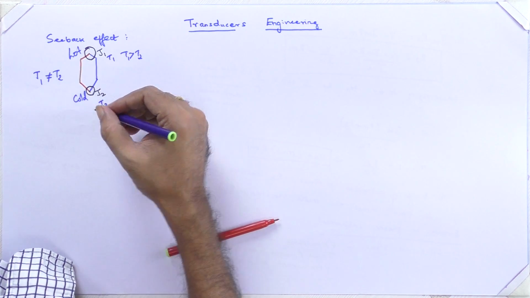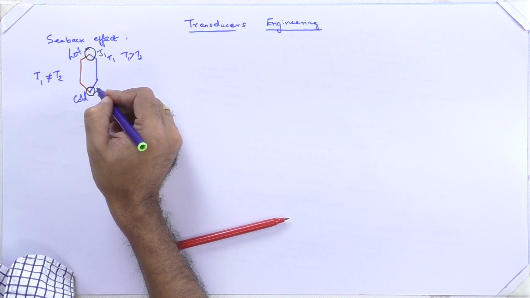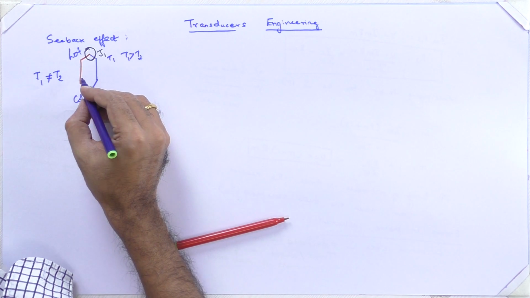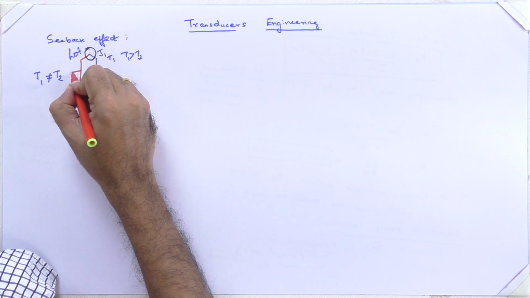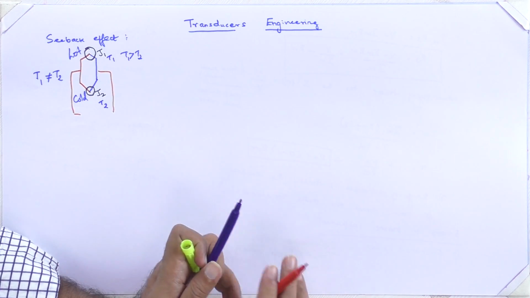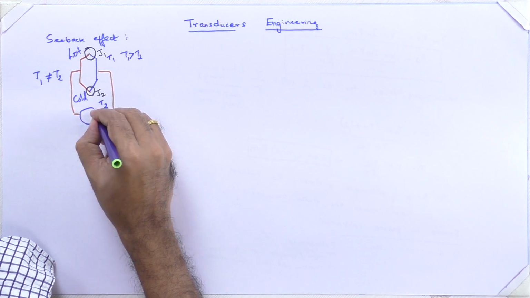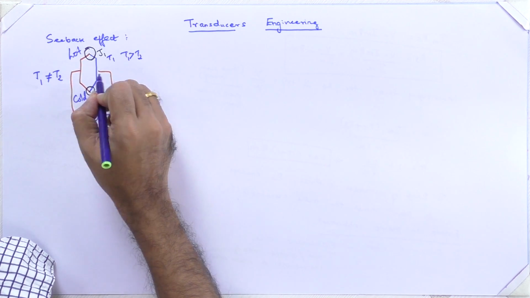When this kind of inequality or gradient occurs in the temperature at these junctions, naturally a phenomenon of EMF generation occurs. An EMF is generated from the two wires.